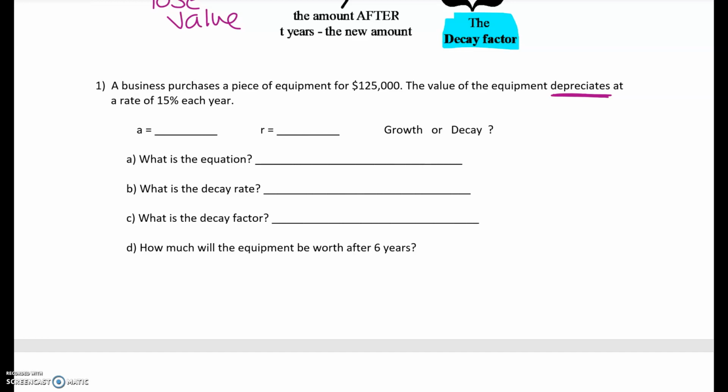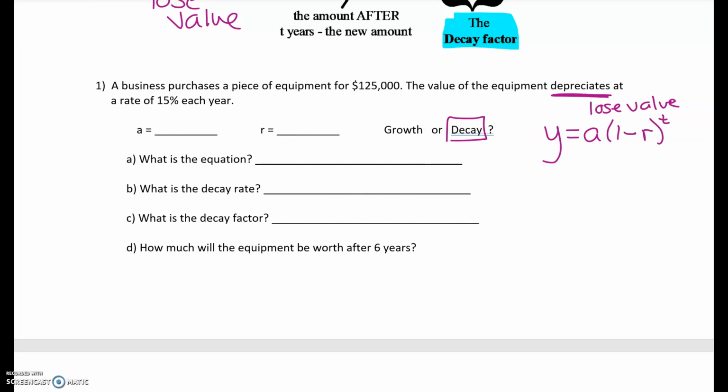Well, if something depreciates, it means it's going to lose value. And we said losing value meant we had decay. So that means I should be using y equals a times 1 minus r to the t power. It's the minus sign because we're losing value.